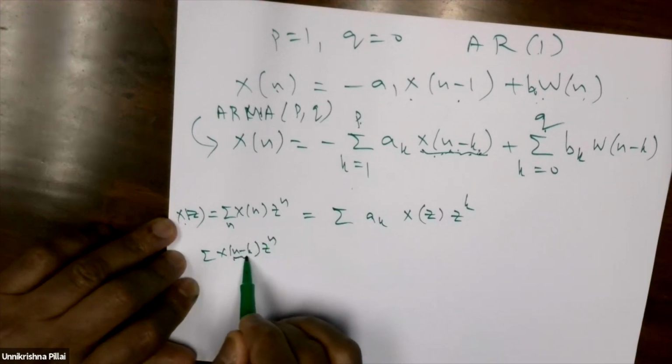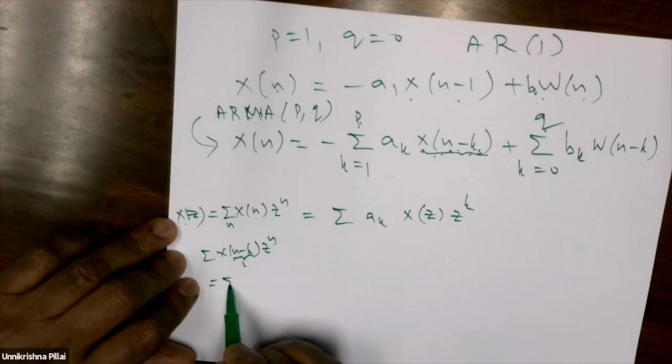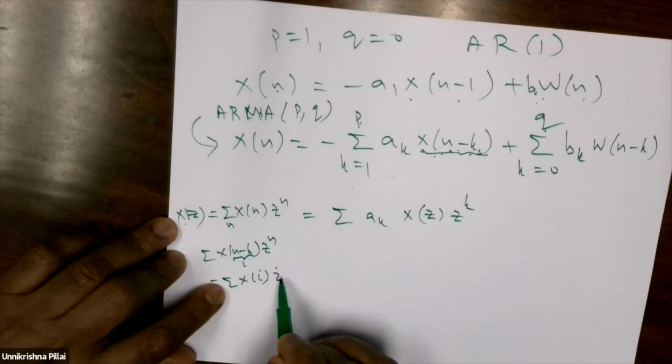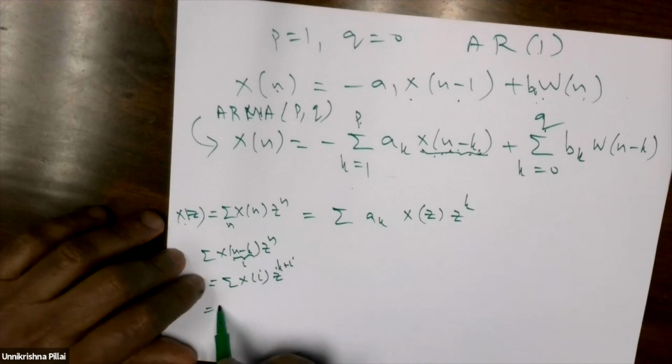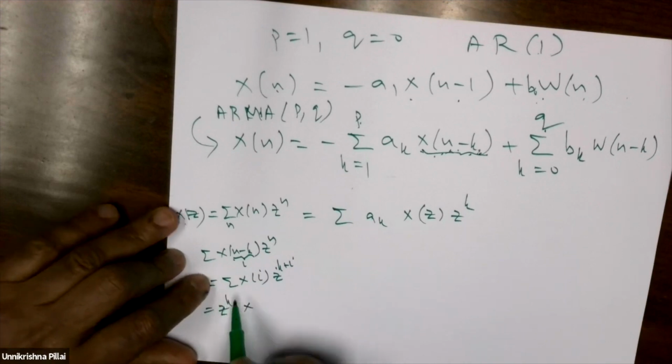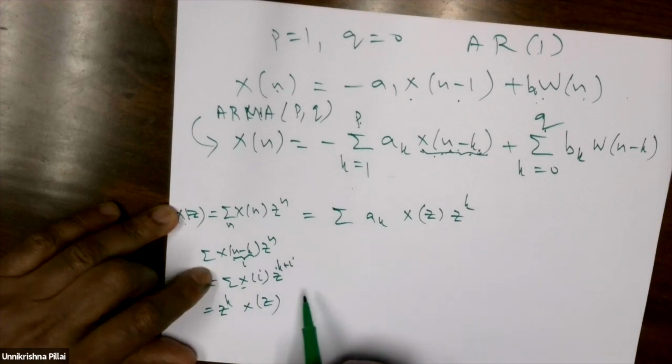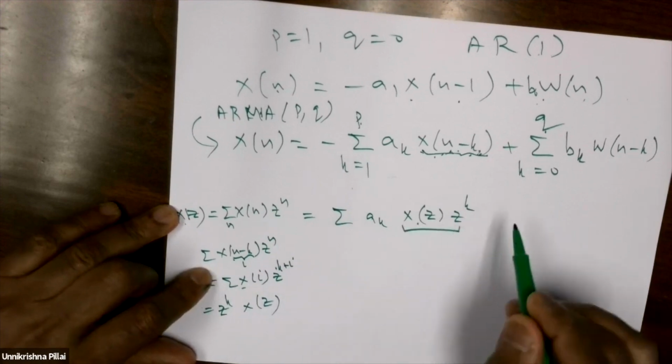I'm going to replace n minus k by i, so this becomes x[i], and remember then n becomes k plus i, so z to the power minus k plus i. Summation is on i, so z to the power minus k goes outside, but whatever remains is X of z. So that's what I've written here, X of z multiplied by this.